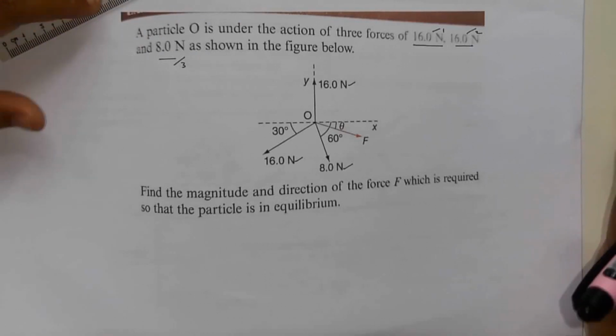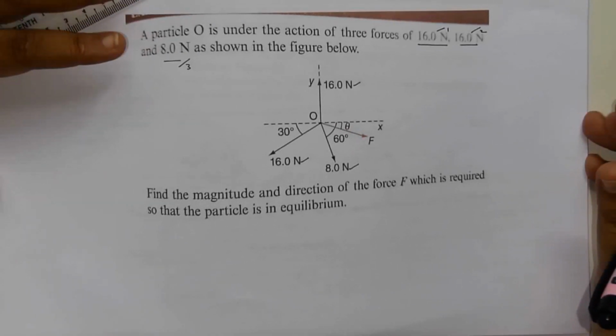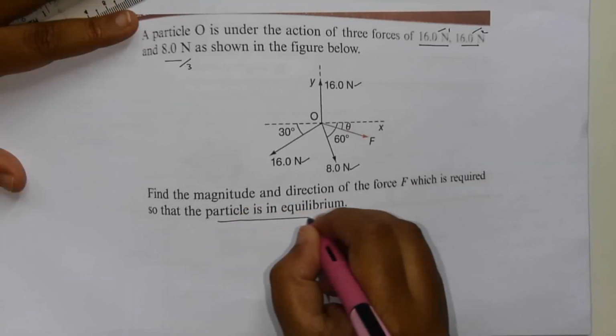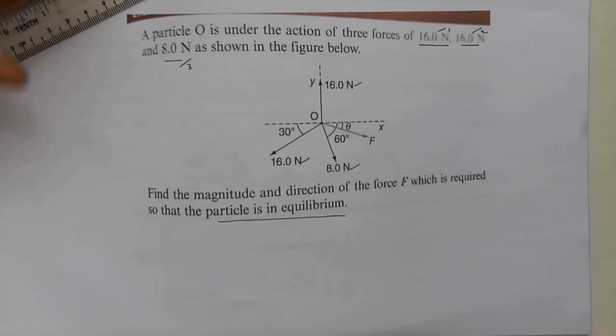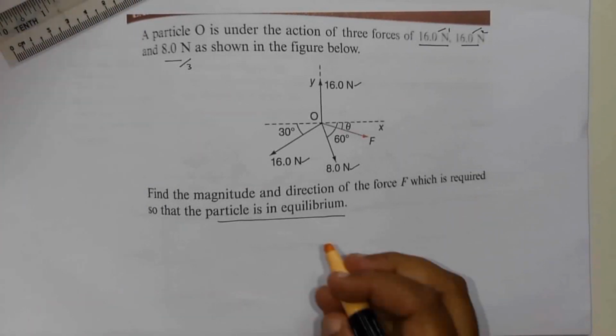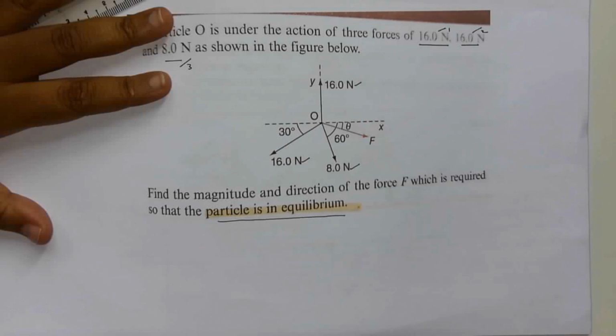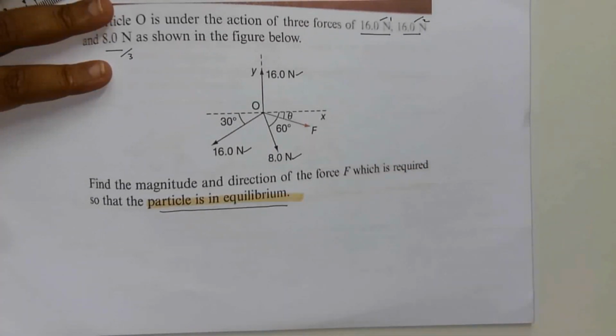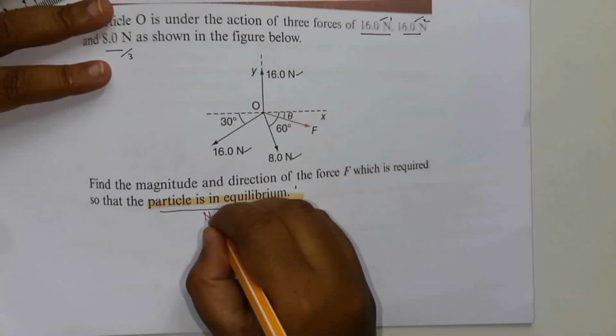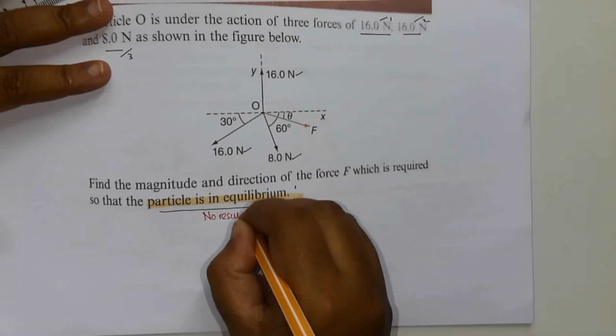Find the magnitude and the direction of the force which is required so the particle is in equilibrium. The concept here: the particle is in equilibrium, that means no resultant force acts on the particle.